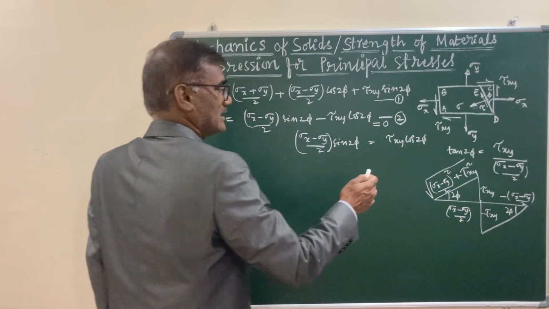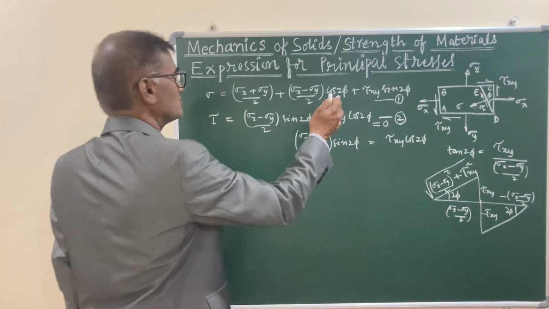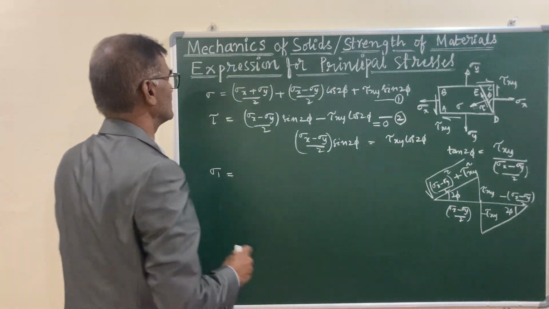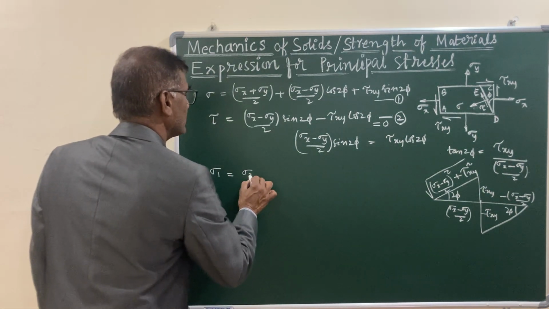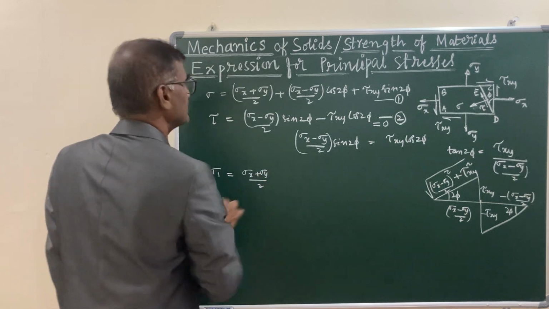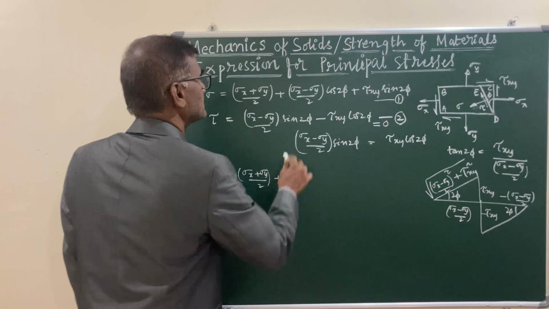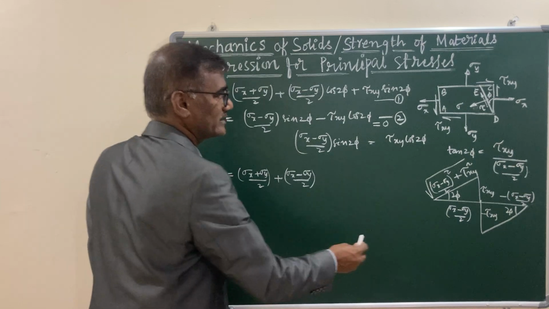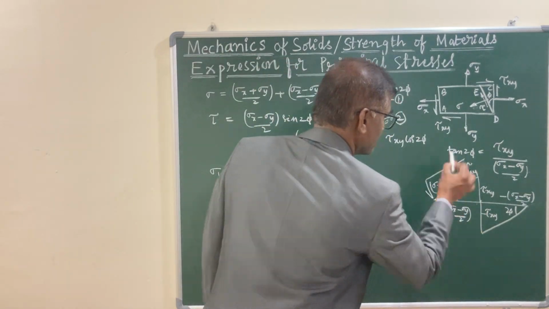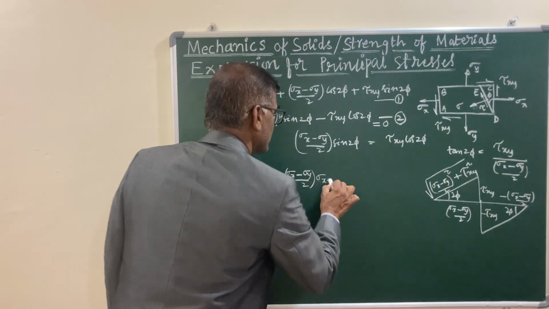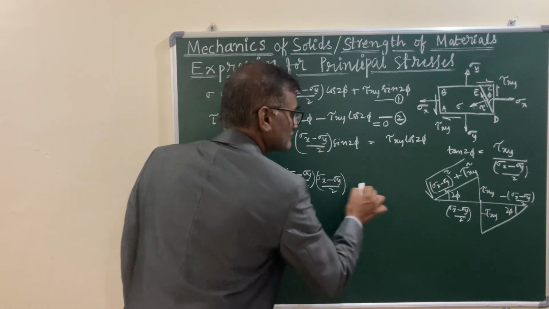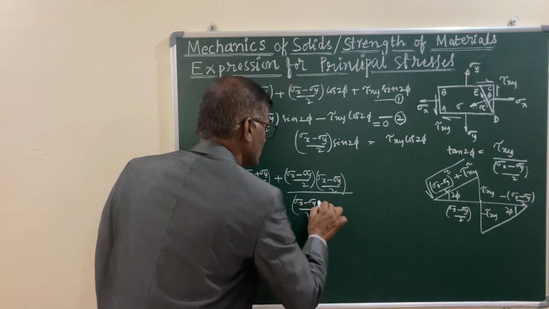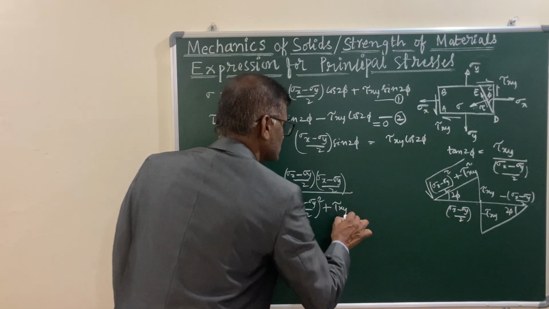Now, you can substitute the values of cos 2 phi and sin 2 phi into this equation, then your sigma becomes sigma 1, the major principal stress. It is sigma x plus sigma y by 2 plus sigma x minus sigma y by 2 into cos 2 phi, where cos is adjacent side by hypotenuse. So that becomes sigma x minus sigma y by 2, and hypotenuse is the square root of sigma x minus sigma y by 2 whole square plus tau xy whole square.